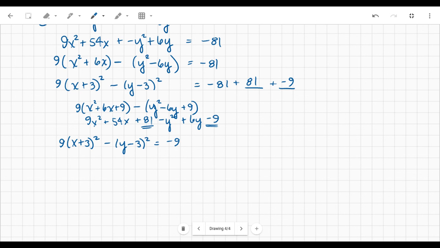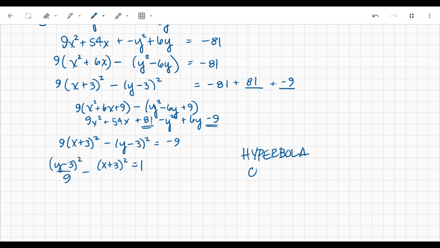When I divide by -9, I'll have a positive y minus 3 squared over 9 minus x plus 3 squared equals 1. So my answer for this is going to be a hyperbola, and the center will be x is -3, y is 3.